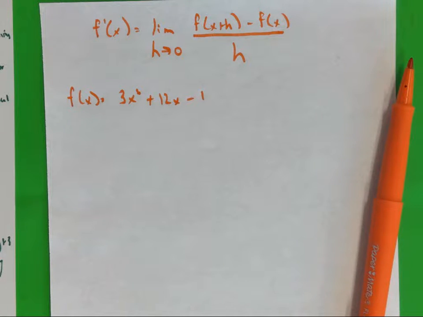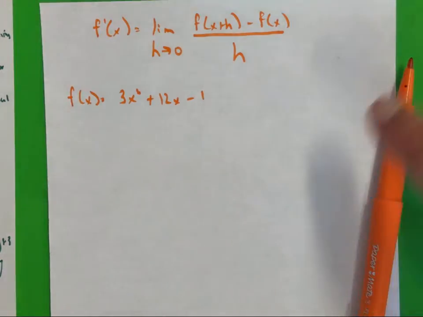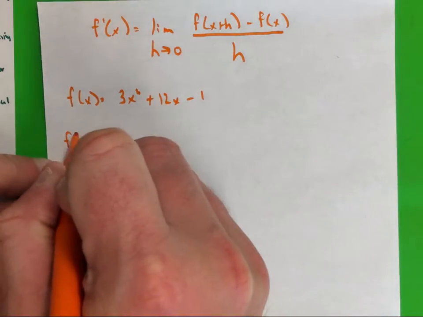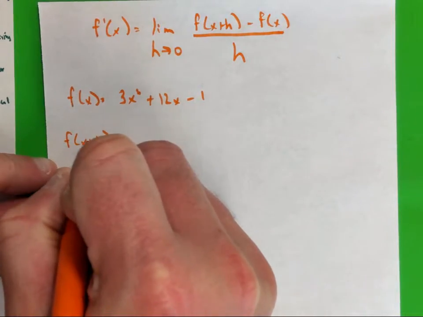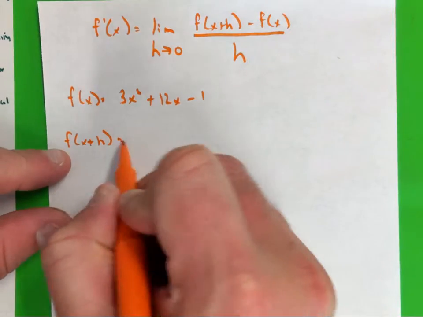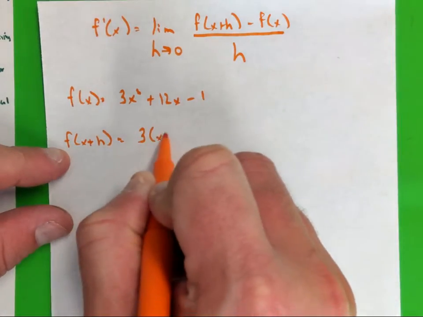That's fine, okay? Because if you try to do it all at one time, that might be too much for you. So I'm going to find the f of x plus h part first. I'm going to plug that in for my variable.